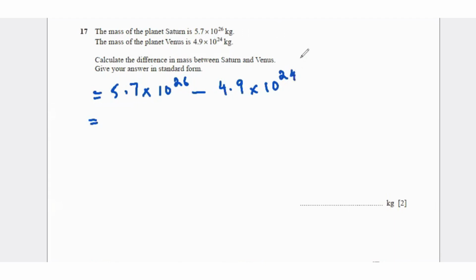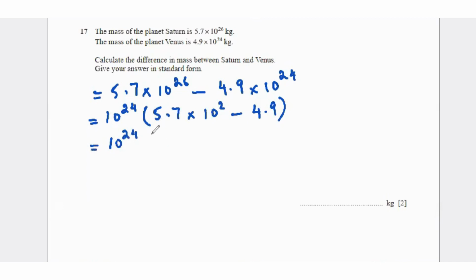Now what we will do is, since 10 to the power of 26 and 10 to the power of 24 have 10 to the power of 24 common between them, I'm going to take that outside. Inside the bracket, we will have 5.7 times 10 squared minus 4.9. 10 squared times 5.7 is going to be 570 minus 4.9.